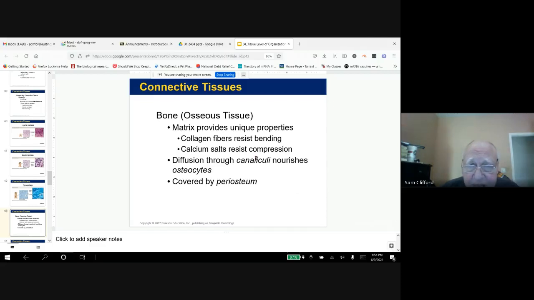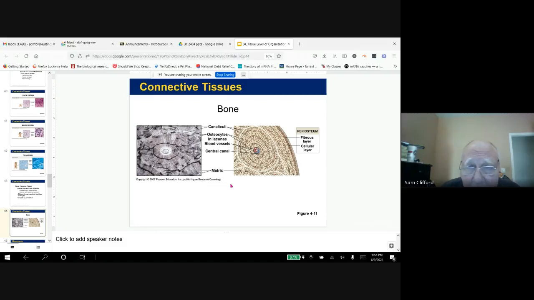Bone has collagen fibers and calcium salts to harden the bones and resist compression. We'll find out what a canaliculi is in a moment. Osteocytes are bone cells, and periosteum is the covering around the outside of the bone. So this is compact bone. Notice it's made of these columns called the Haversian system. It has a central canal where blood vessels and nerves are found.